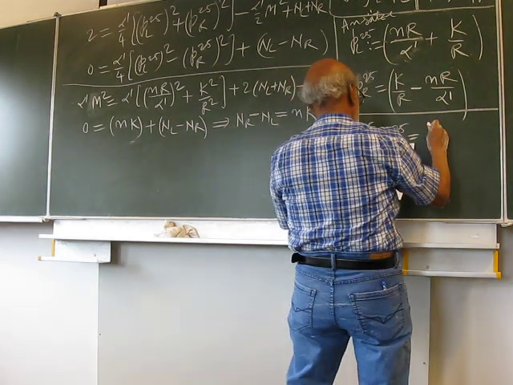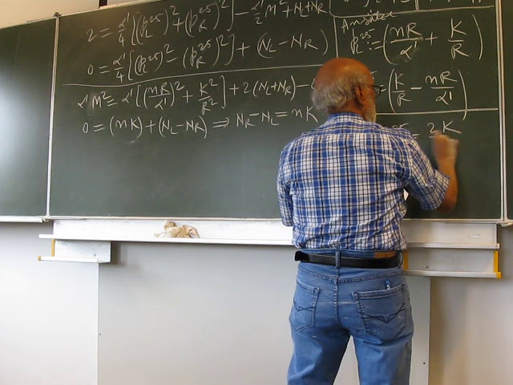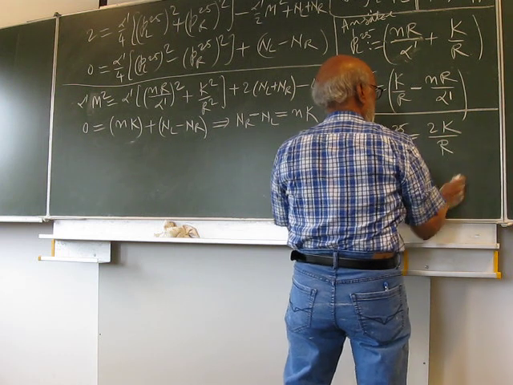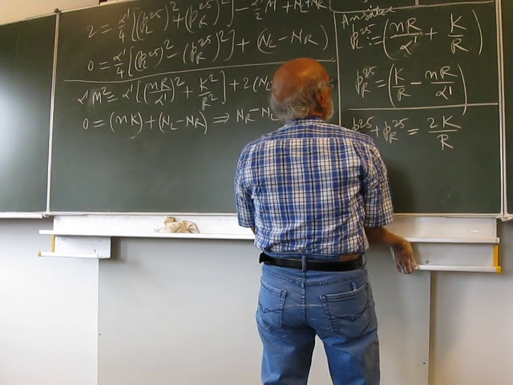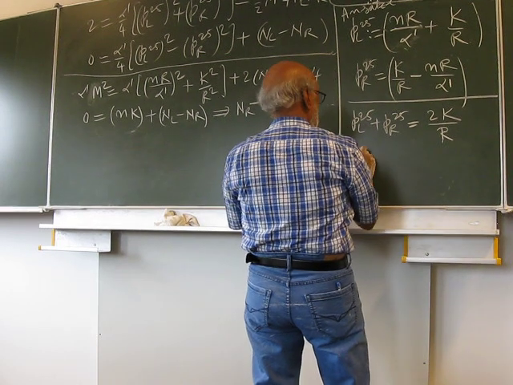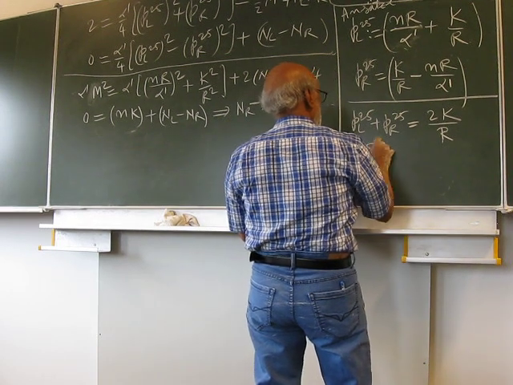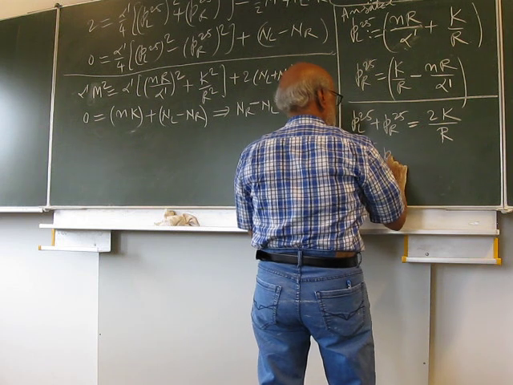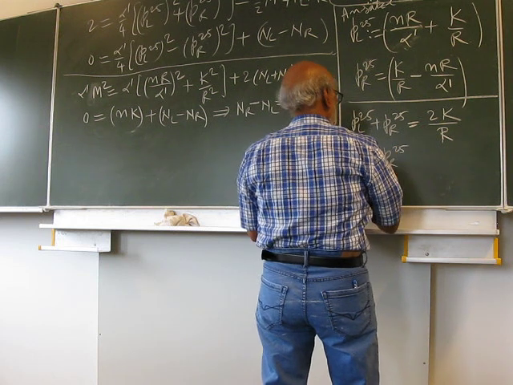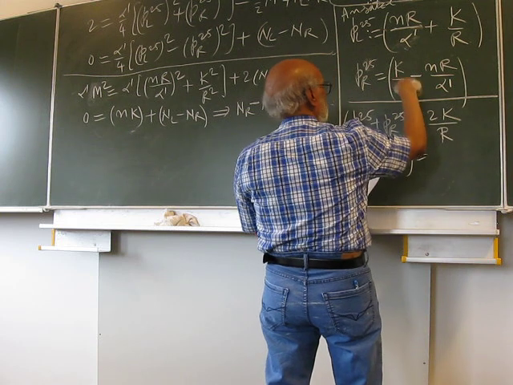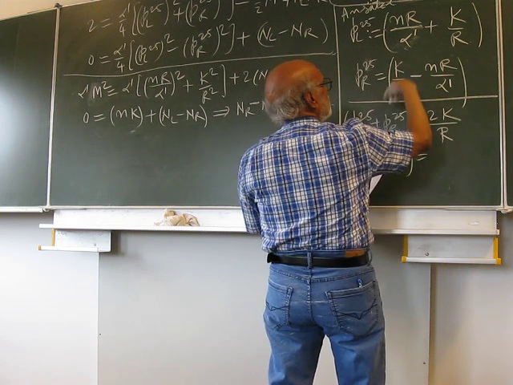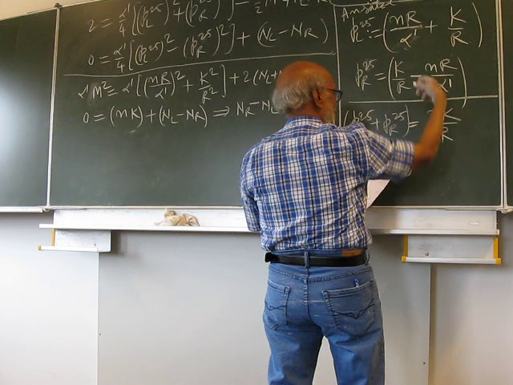What you get is 2K upon R, and if you subtract them, then PL25 minus PR25, you subtract them, then this goes away and this gets added up.